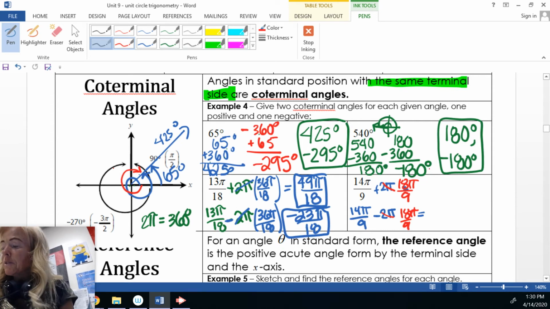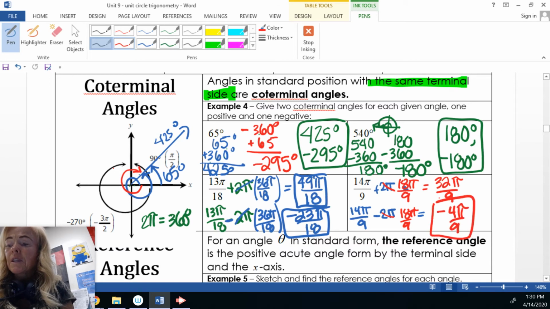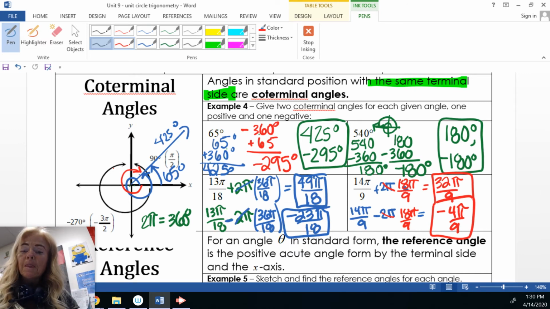And 14 plus 18 is 32 pi over 9. And 14 minus 18 is negative 4 pi over 9. All right, those are our two coterminal angles for the radians of 14 pi over 9.